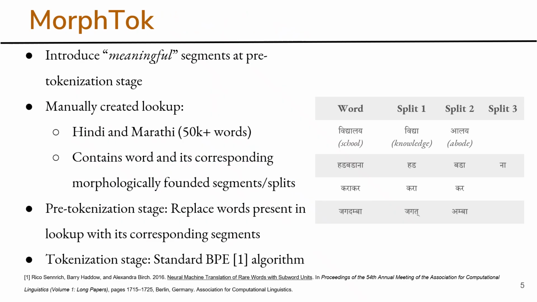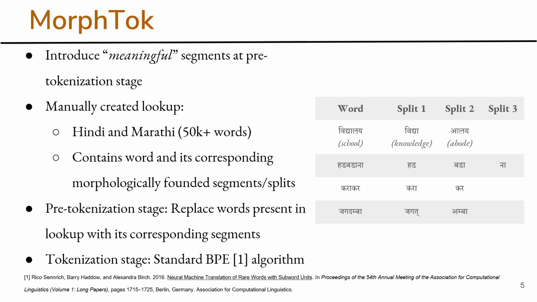In MorphTok, we introduce meaningful segments during the pre-tokenization stage. These meaningful segments are introduced using a lookup table. The lookup table contains a word and its corresponding morphologically grounded segments. For example, the Hindi word Vidyalaya, meaning school, contains two splits or segments, Vidya meaning knowledge and Alay meaning abode or place.